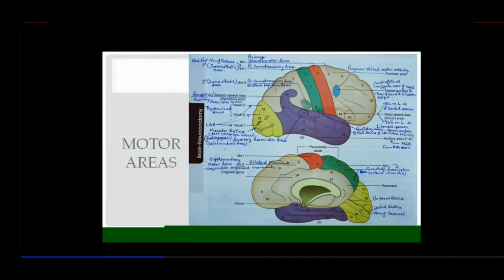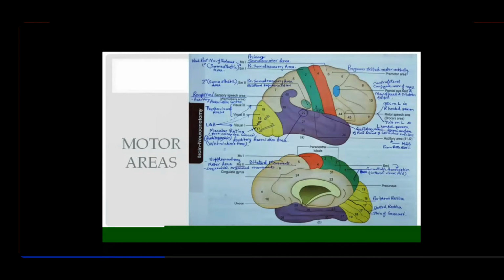And these lower animals, because they have their eyes on the two sides, like in humans we have the two eyes placed anteriorly, so we have more of binocular vision, the visual fields are overlapped. But in reptiles or in lower animals, and even the aves, birds also, the eyes are placed on two sides of the face, right?